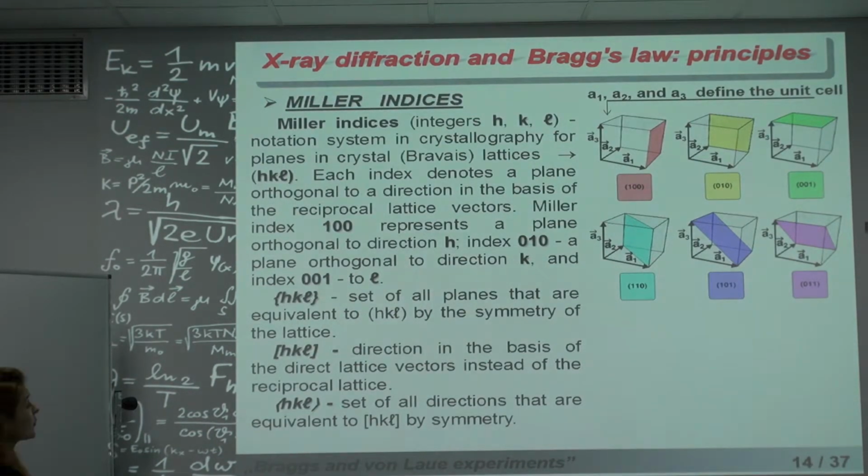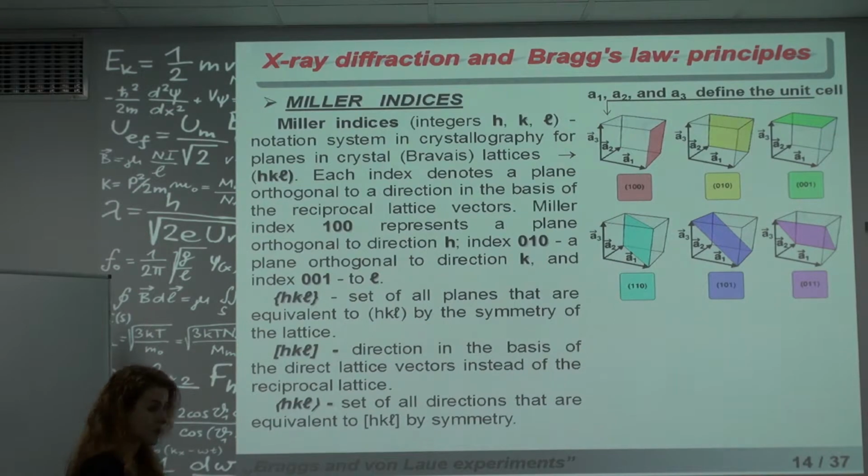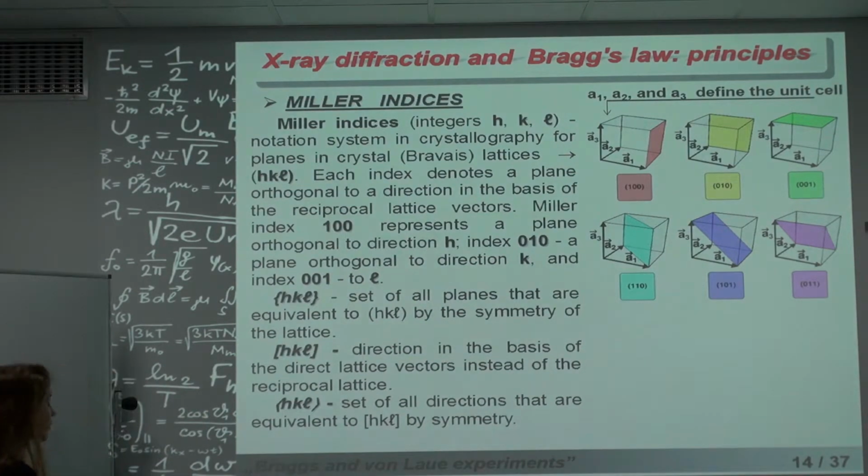Now it's a good time to proceed to the Miller indices. Generally, the orientation of a crystal plane may be defined by considering how the plane, or actually the family of planes, intersects the lattice vectors. For this we have Miller indices, just the integers h, k, and l, the notation in crystallography for the planes in the crystal or Bravais lattices.